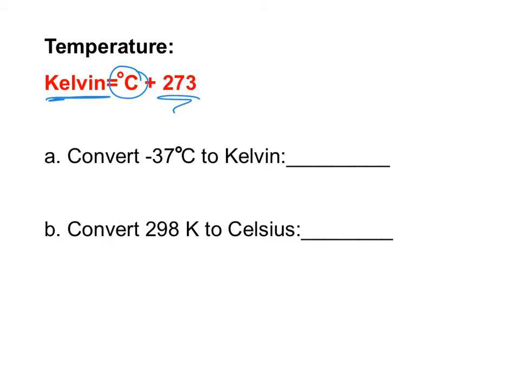So if we're going to take negative 37 degrees Celsius and convert that to Kelvin, Kelvin is going to equal negative 37 degrees Celsius plus 273. You add those together, and you're going to get 310 Kelvin.